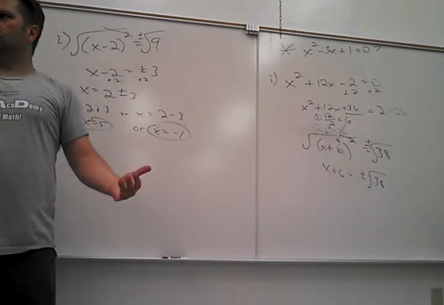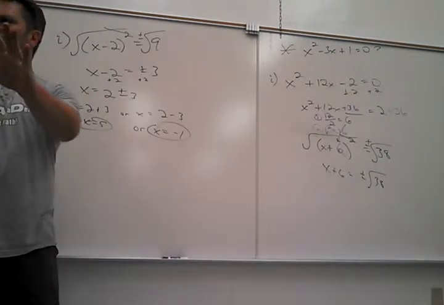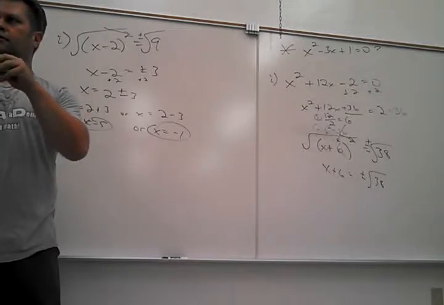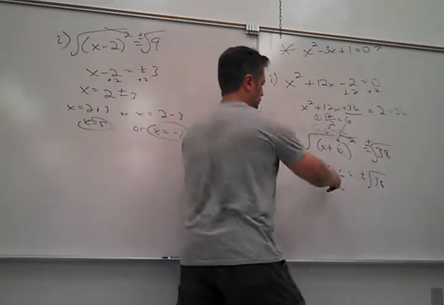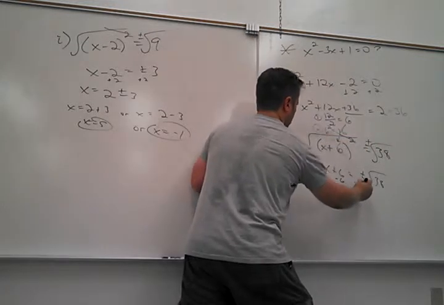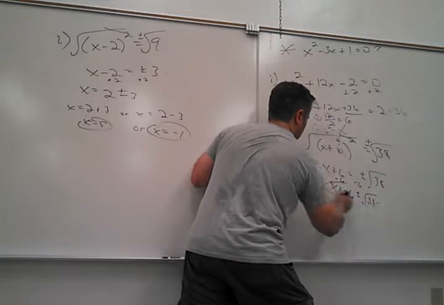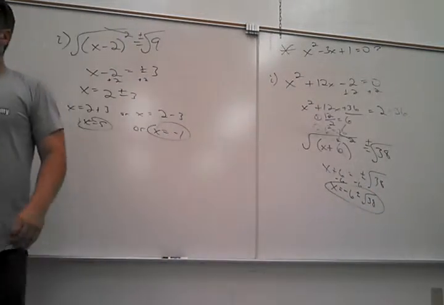It's 19 times 2. It doesn't have a part of it that I can do, so I just leave it alone. One last step and I'm done. Subtract 6. The 6 is just by itself. It's not plus or minus. So I get negative 6 plus or minus square root of 38.